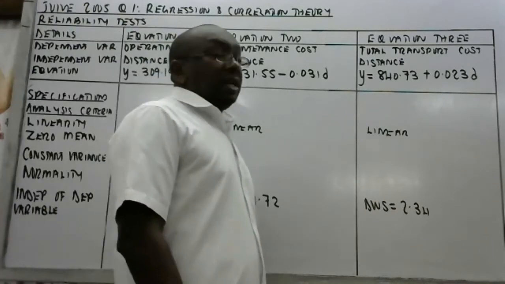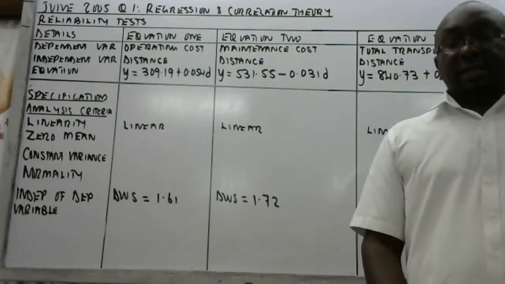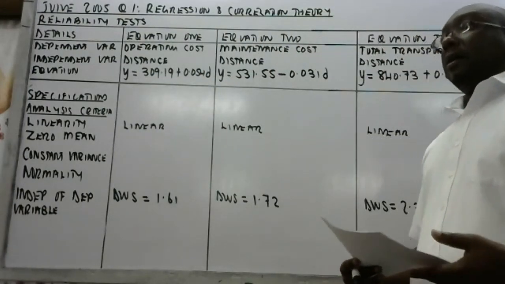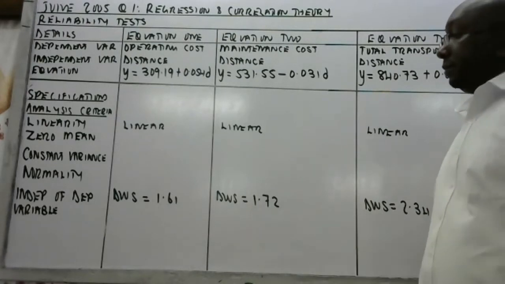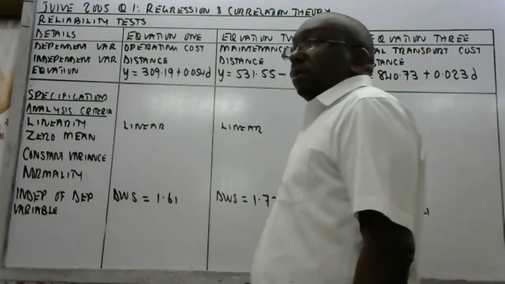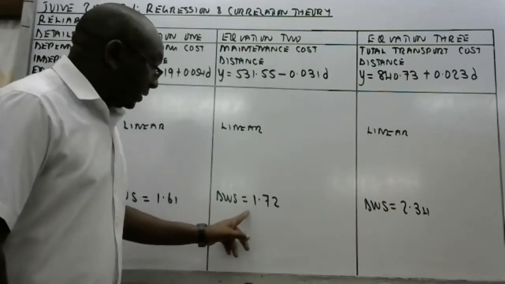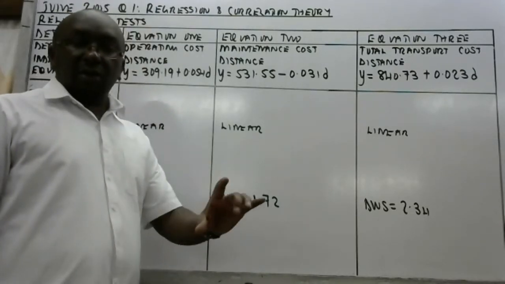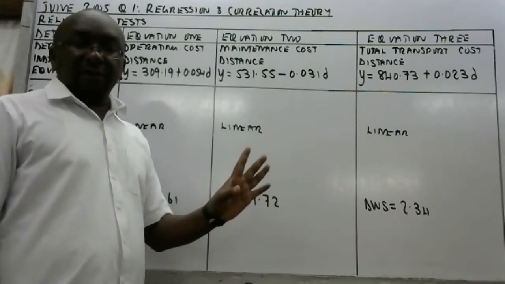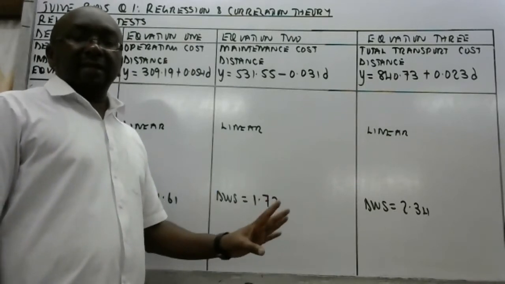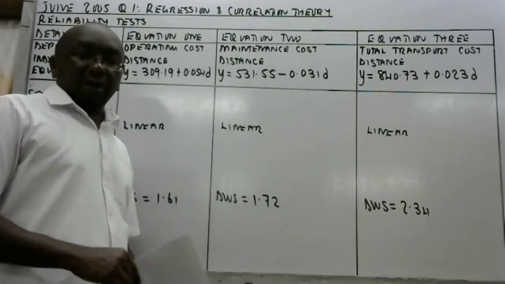It is tested using the Durbin-Watson statistic. So I told you if the calculated is between 0 and 4, it means there is independence. There is no autocorrelation.